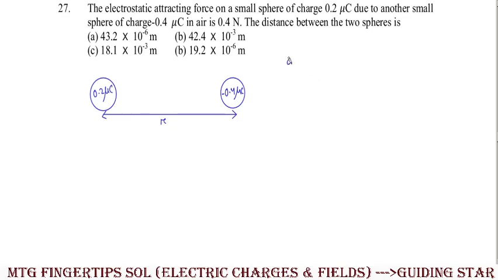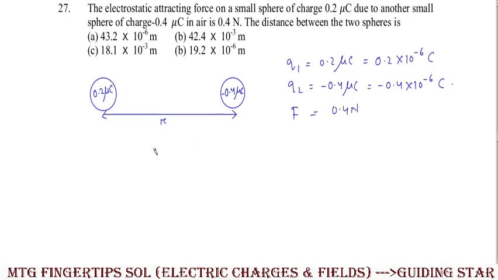So what is the given information? Q1 is 0.2 microcoulomb, so that is 0.2 into 10 to the power minus 6 coulomb, and Q2 is negative 0.4 microcoulomb, that is negative 0.4 into 10 to the power minus 6 coulomb. Okay, fine. And the force between them is 0.4 Newton. So finally, r.